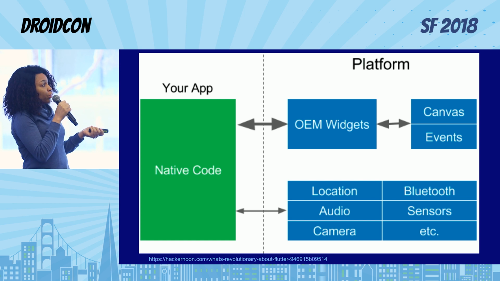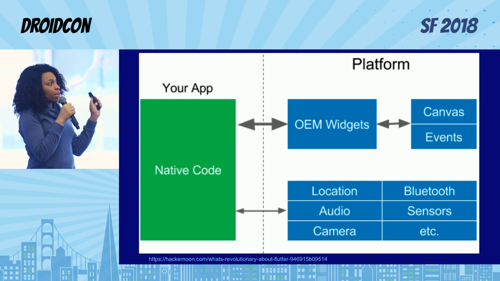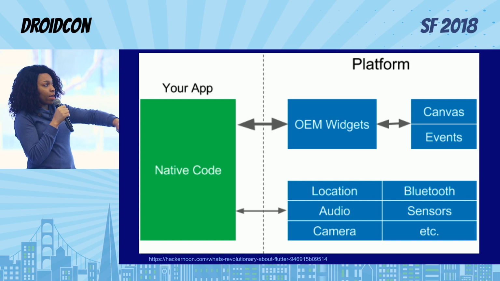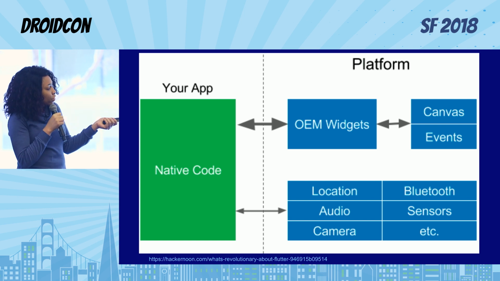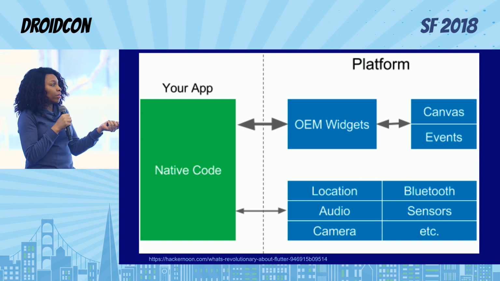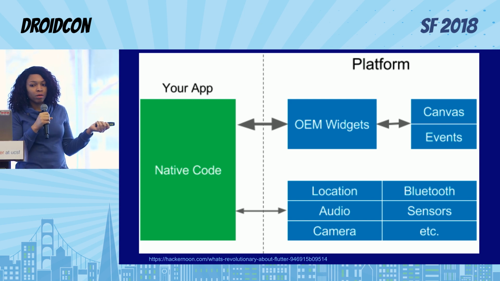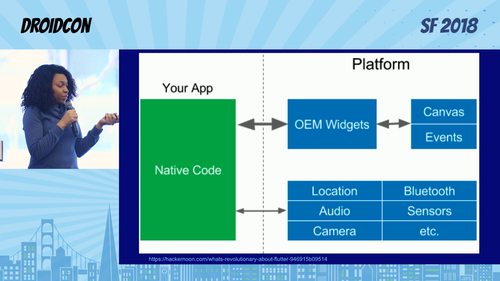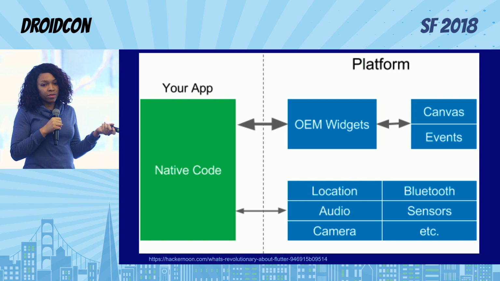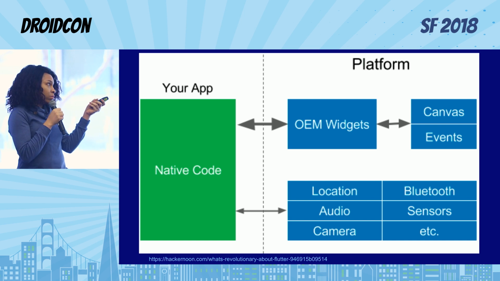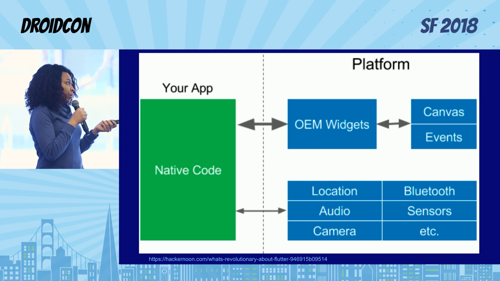And you notice that your app communicates with the widgets, and the widget is drawn on the canvas, and events are propagated back to the widgets. And you also notice that your app can communicate with the platform code, platform services. But the downside of this is that if I want to have Android and iOS apps, I'm going to have to build it twice. So that's why I'm saying Flutter is one way to go.